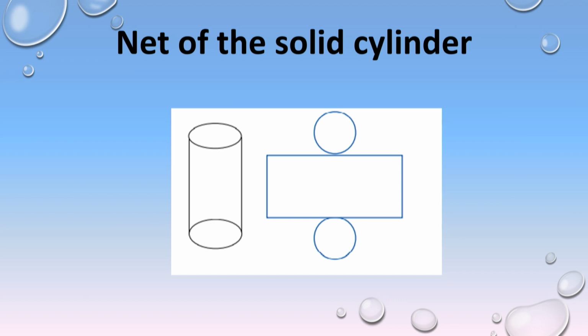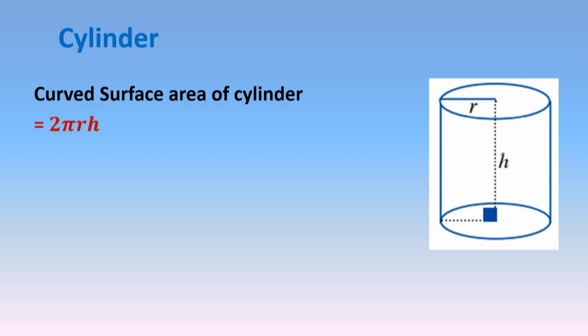We have also learned about cylinders in the previous lesson, and you will recall that this is the net of a cylinder, where we have two circles and a rectangle. The curved surface area of a cylinder is given by 2 pi r h, where r is the radius and h is the height.